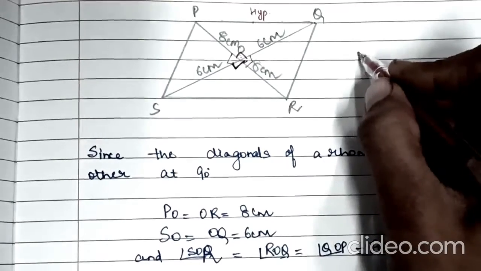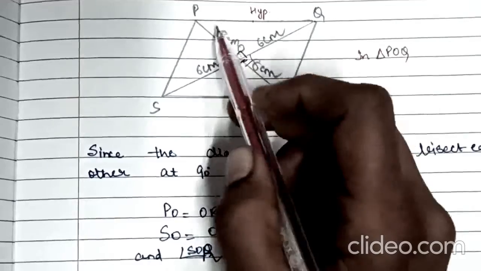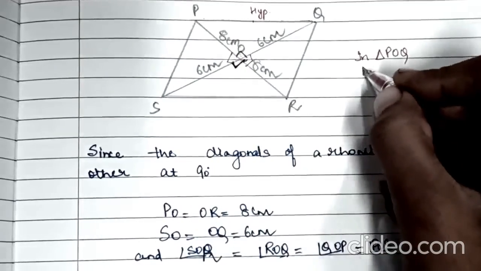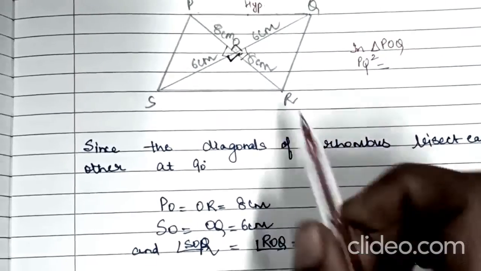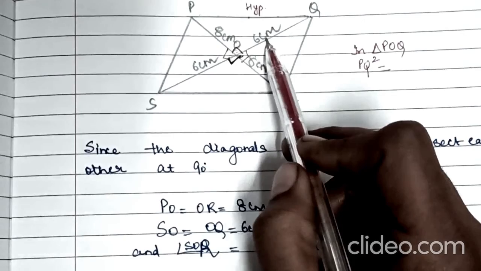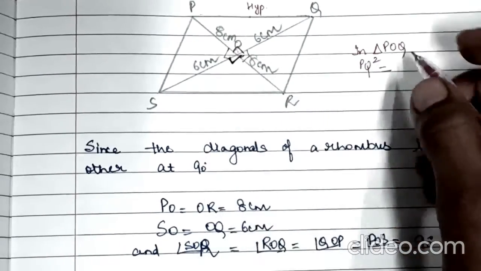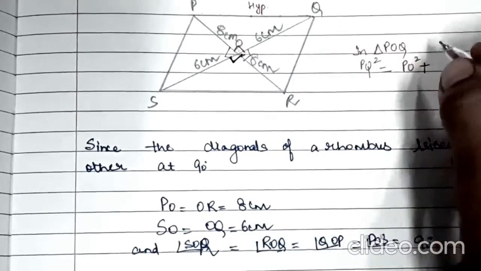So now in triangle POQ, hypotenuse square, that is PQ square, will be equals to sum of squares of other two sides, that is PO square plus OQ square.